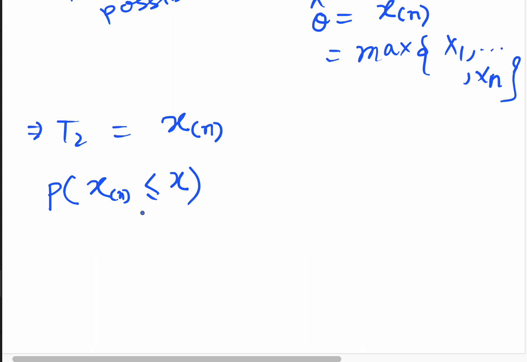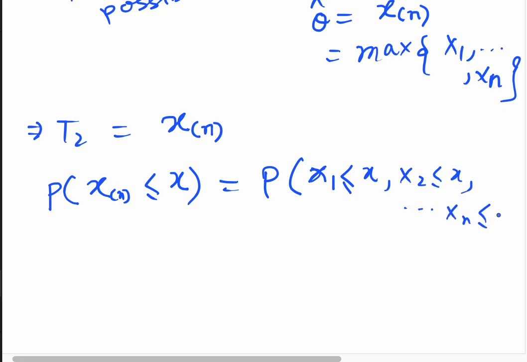If so, then all the variables should be less than or equal to small x. That is equivalent to saying x1 less than small x, x2 less than small x, up to xn less than small x.